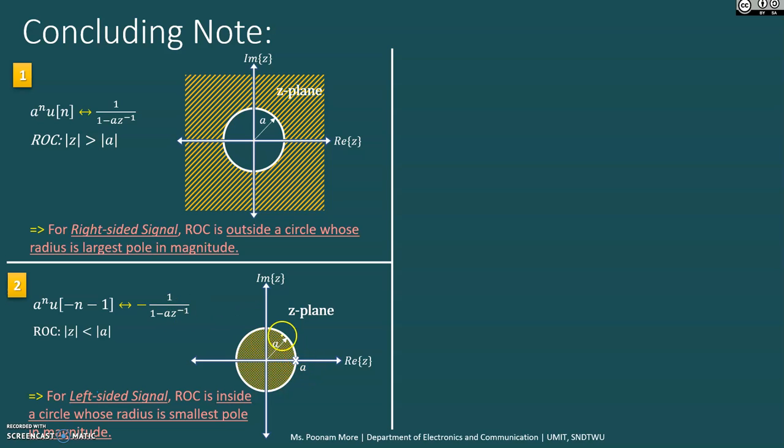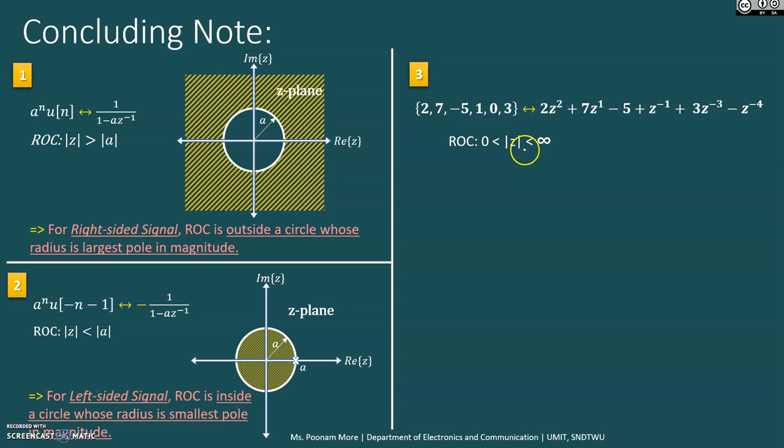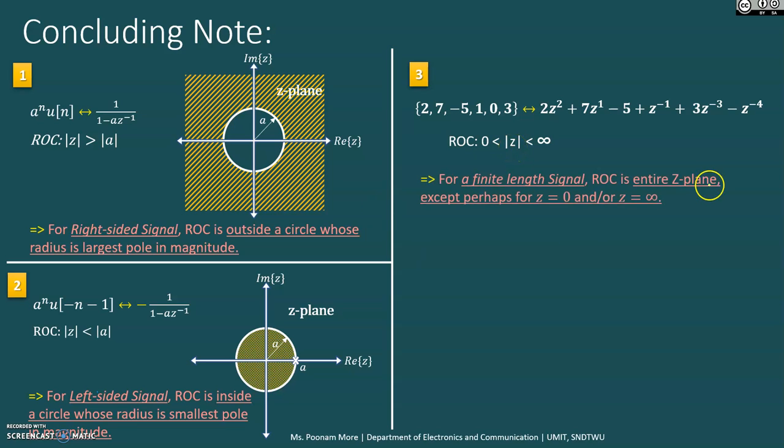Here it was A, and therefore we showed the ROC lying inside the circle whose radius is equal to A. Similarly, for the finite duration sequence that we have just discussed, the ROC will lie between 0 to infinity. So generally we can say that for the finite length sequence, the ROC is the entire z plane except perhaps for z equal to 0 and or z equal to infinity.